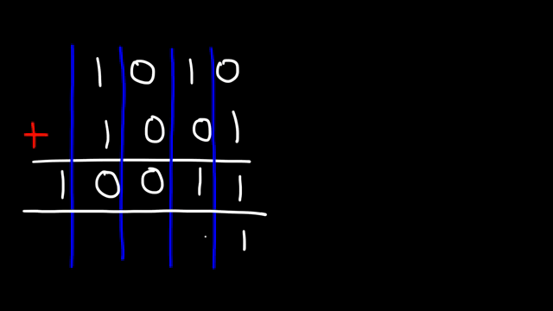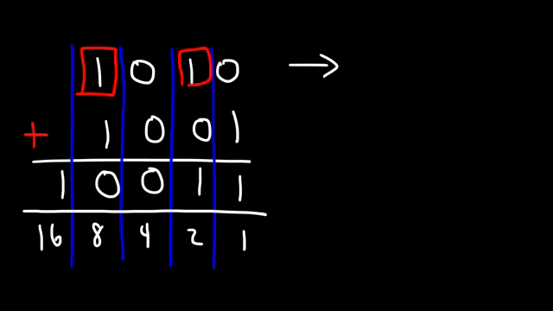So this is 1, 2, 4, 8, and 16. So 1010 is going to have the decimal equivalent of 8 plus 2 because it's in this column. 8 plus 2 is 10. So that's the decimal equivalent of 1010.